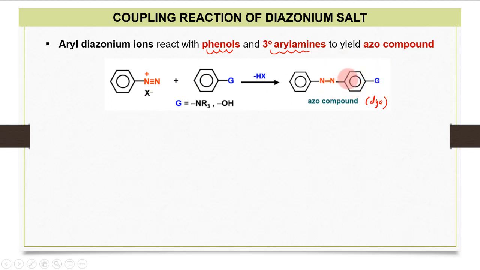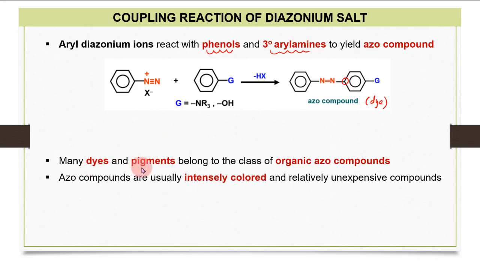Take note that you are forming the bond at the para position of the phenol and the tertiary aromatic amine. So many dyes and pigments belong to the class of organic azo compounds. These azo compounds are usually very intensely colored and relatively inexpensive. A common azo compound we know is in paints.